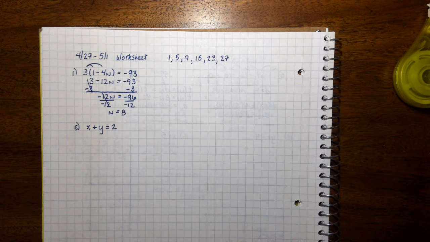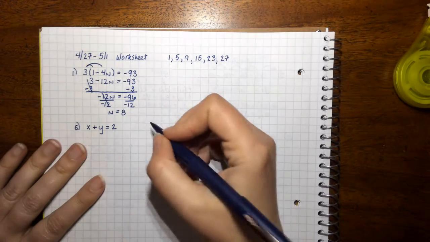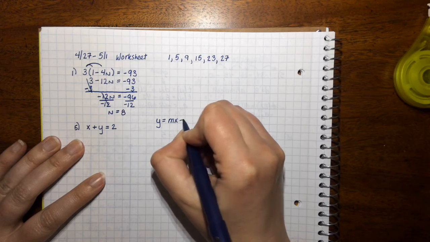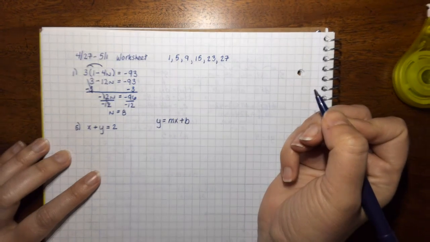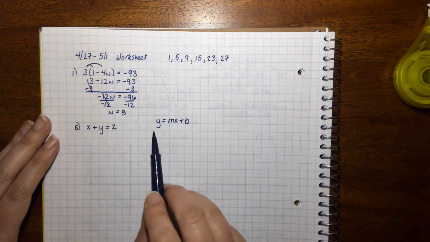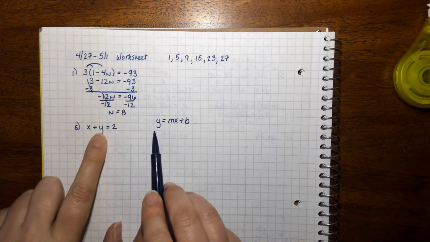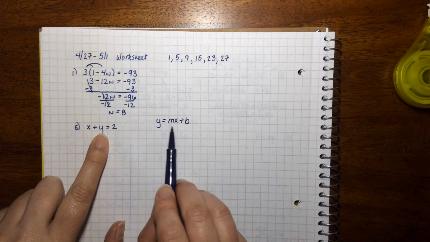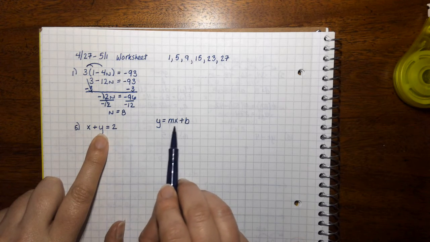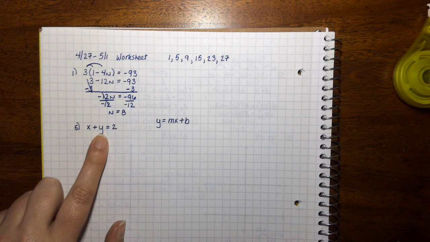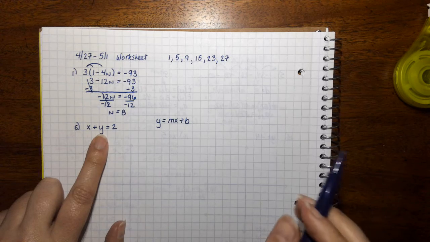Write the slope-intercept form of the equation of each line. Okay. Slope-intercept form is y equals mx plus b. So what this is asking you to do is take y, make sure that y is in the front, then have the term with the x on it after the equals, plus b, which is a constant or just a number.